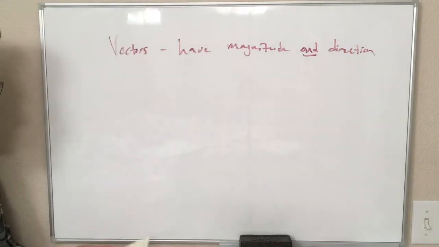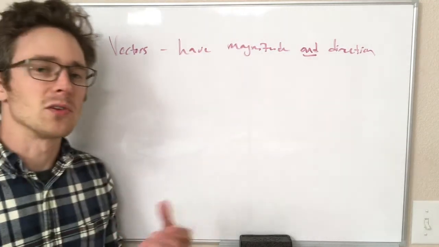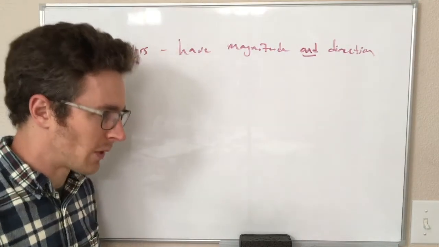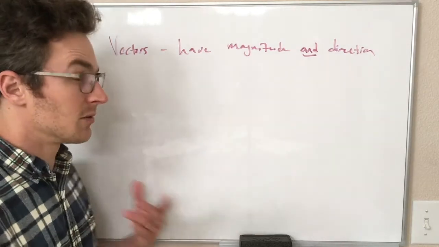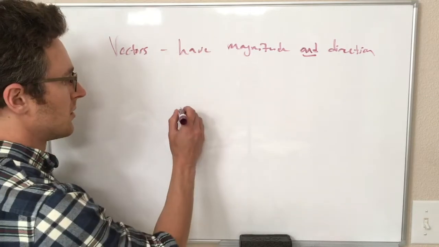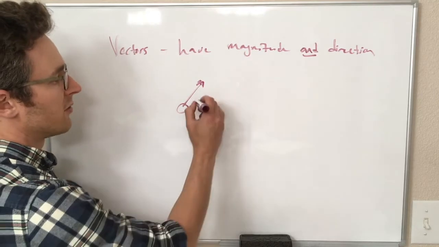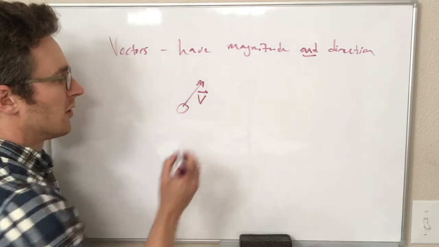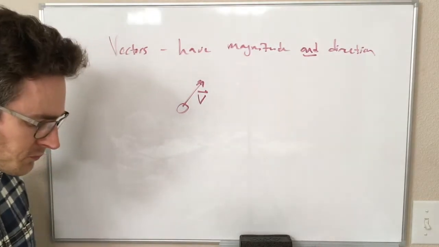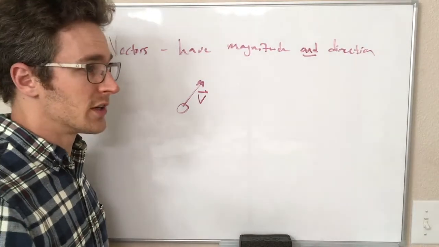And so what this means is if we have a physical quantity that has a direction associated with it, we can treat this as a mathematical vector. So things like velocity, where we have an object moving in some direction, maybe up and to the right, we can represent that velocity with a velocity vector v, and we put an arrow over the top to show that this is a vector.